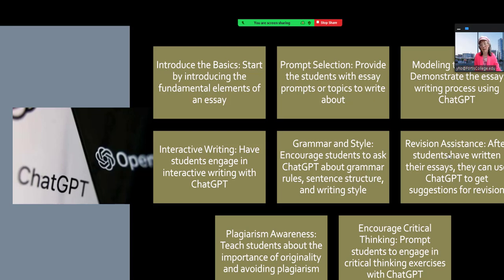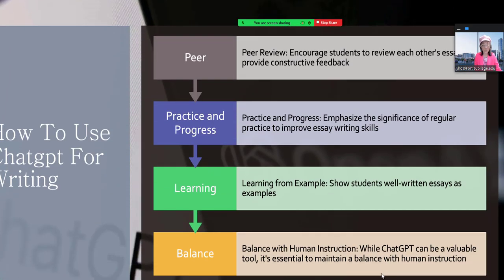Revision assistance. After students have written their essays, they can use ChatGPT to get suggestions for revision. Plagiarism awareness. Teach students about the importance of originality and avoiding plagiarism. Encourage critical thinking. Prompt students to engage in critical thinking exercises with ChatGPT.